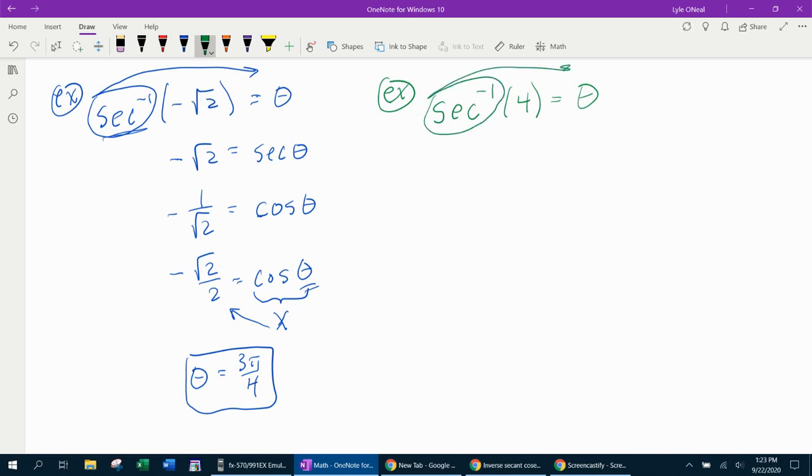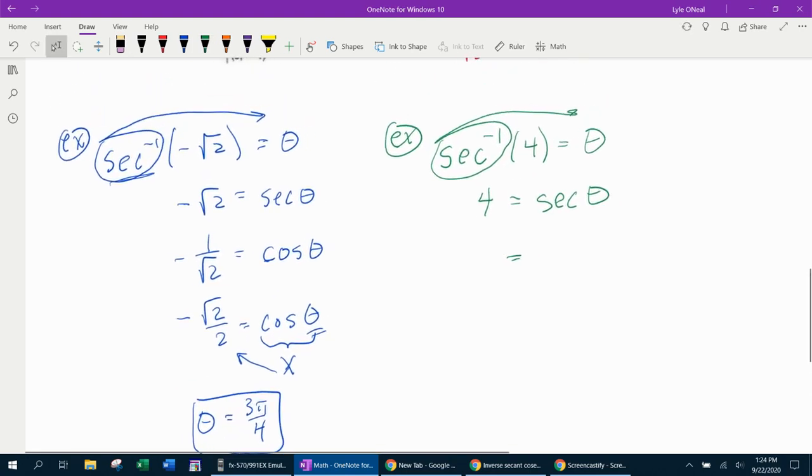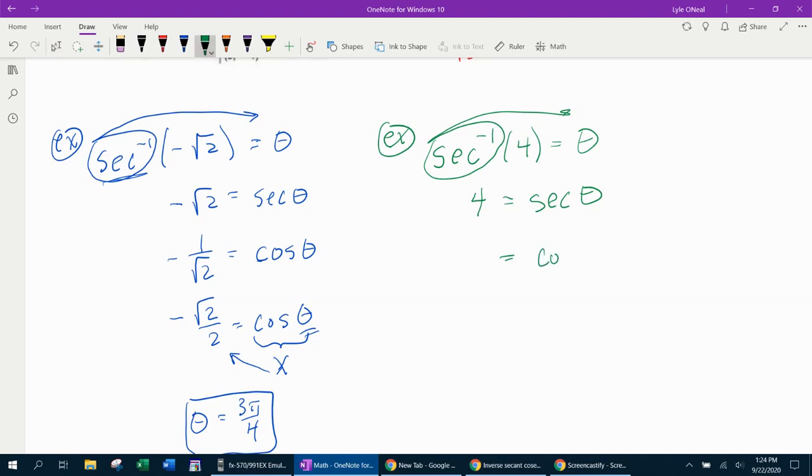Again, we're moving the inverse secant to the other side, which will turn it back into regular secant, and then we're going to use another reciprocal identity. So if I flip secant, I get cosine, but if I flip one side, I got to flip the other, so that's going to be 1/4.